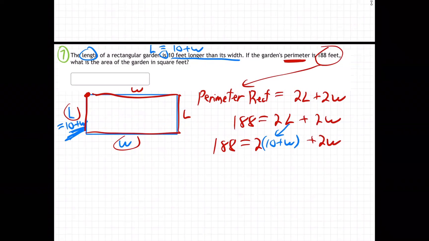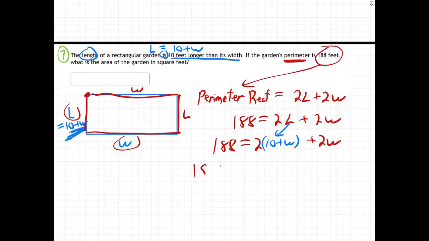I'm just taking what they've given me in the formula. They're telling me the perimeter is 188, so I put in 188 for the perimeter of the rectangle. And the length is 10 feet longer than the width, 10 plus W. Put that in for the L. So now I've got only one letter, which is nice. I can solve for that.